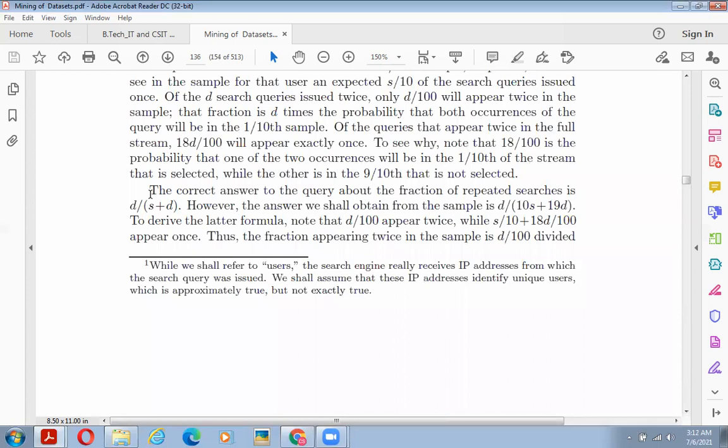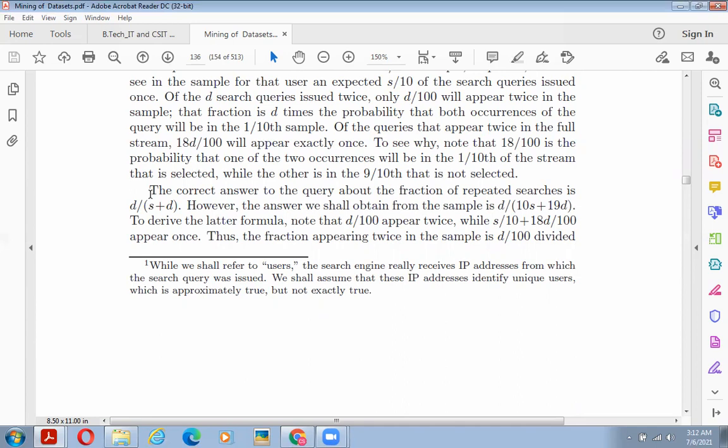To understand this, we take a query, and if a query is asked only once in a sample of 100, it is denoted as S, and if a query is asked twice, it is denoted as D. Now we try to get the query fraction in searches. This D by S plus T formula is what we derive.